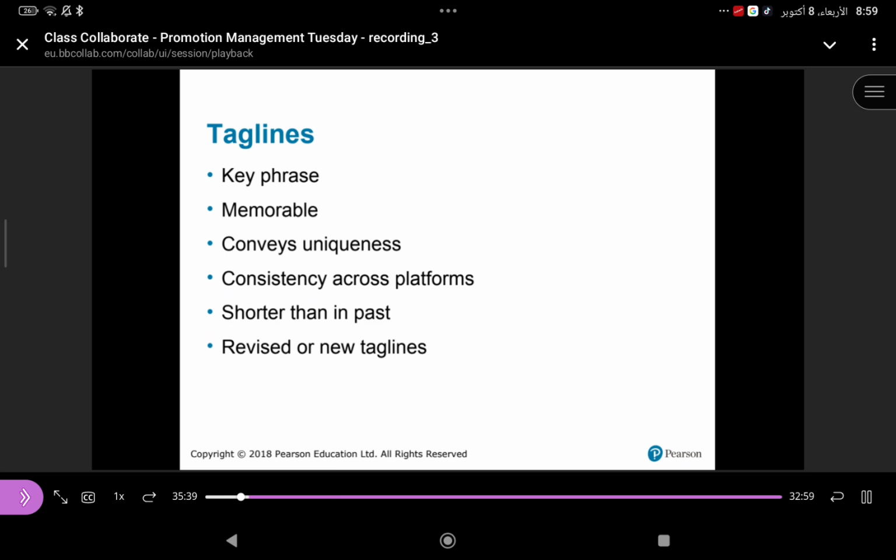When you talk about advertising campaign, the taglines are very important. Taglines play a very important role, and they are also known as the short memorable phrase essential for the brand and the campaign or product promise.